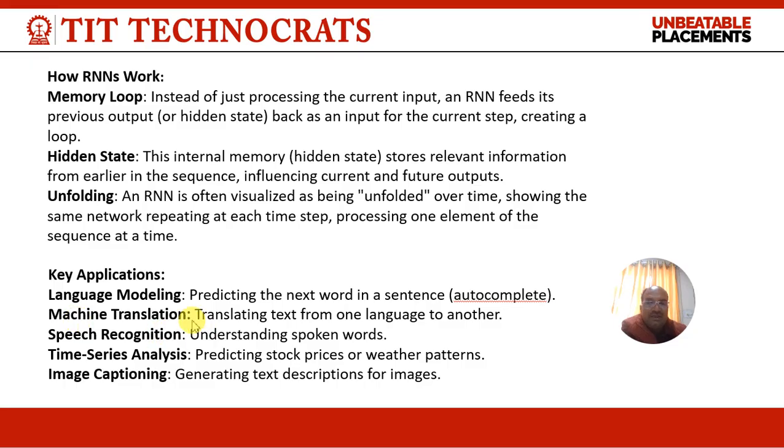Next is machine translation, like Google Translator, that translates text from one language to another. Time series is predicting stock prices, weather patterns, weather forecasting, and image captioning. You can caption the image by seeing its features.